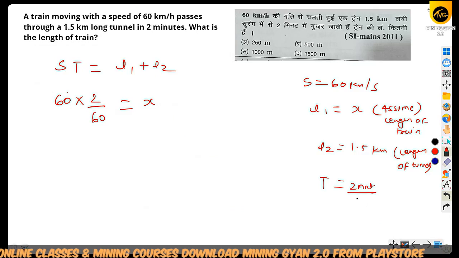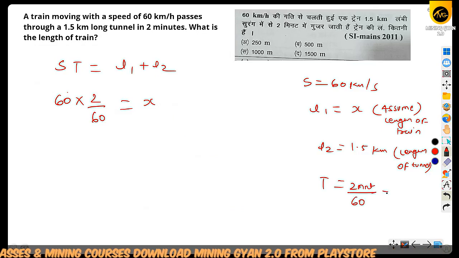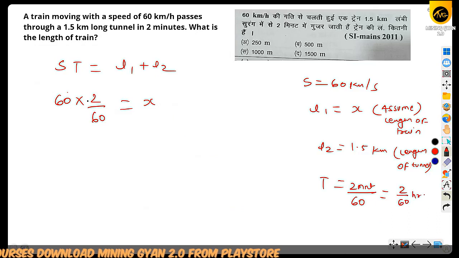So just convert into hours. So divided by 60, it will be 2 divided by 60 hour. So just put down the value of T, which is 2 divided by 60 hour, and S is 60 kilometer per hour. L1 is X, and L2 is 1.5 kilometer, which is the length of tunnel.